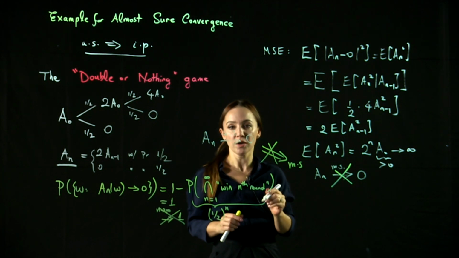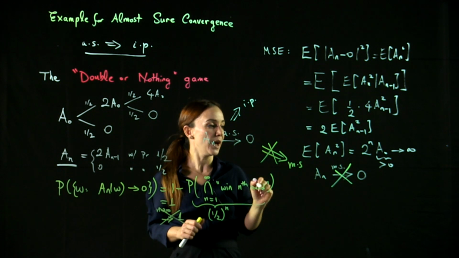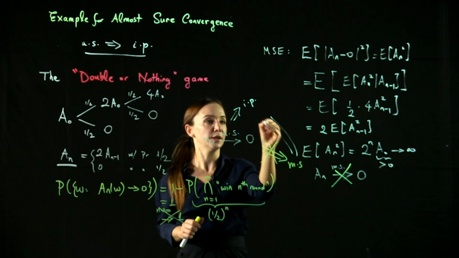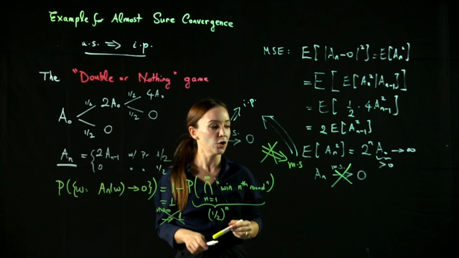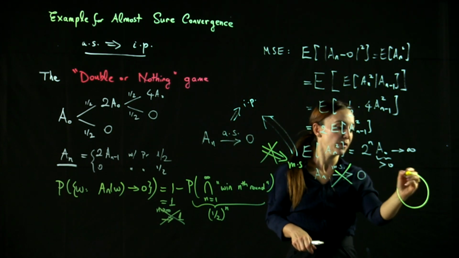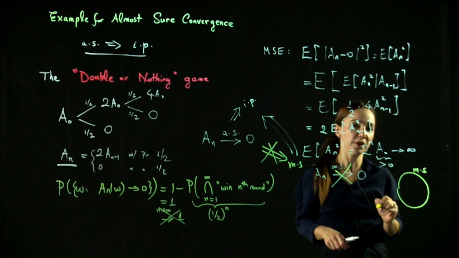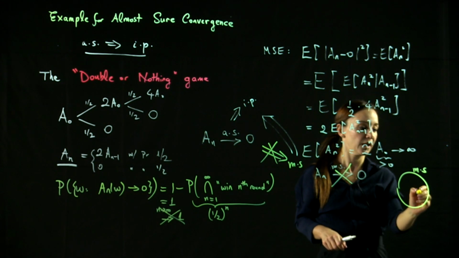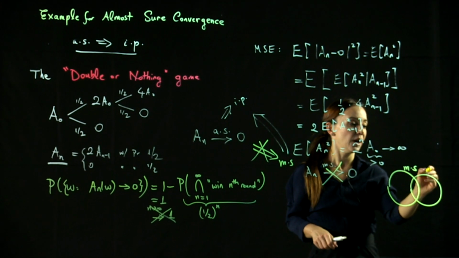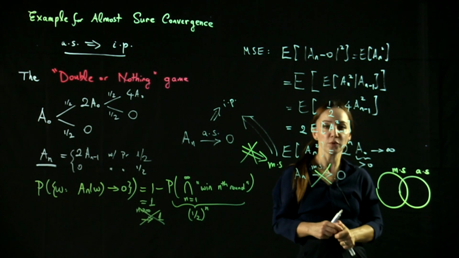We already know that almost sure convergence implies convergence in probability, and mean square error convergence also implies convergence in probability. So perhaps we can draw this relationship of situations where mean square error convergence exists, sequences that converge in the mean square error sense, and almost sure sense do not imply each other.